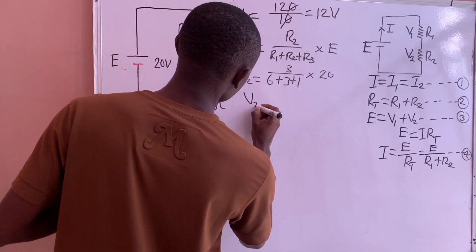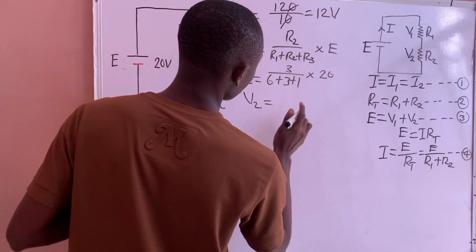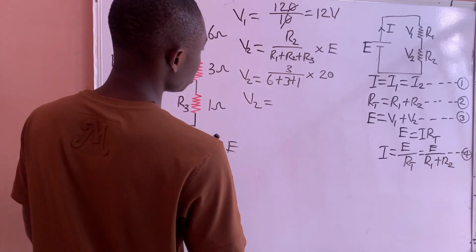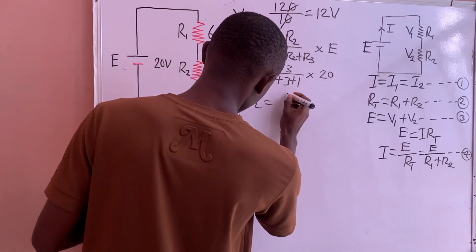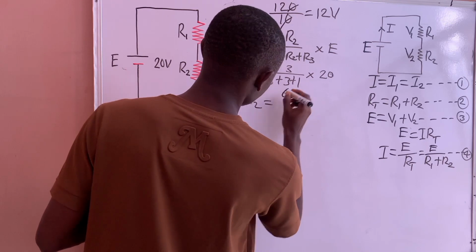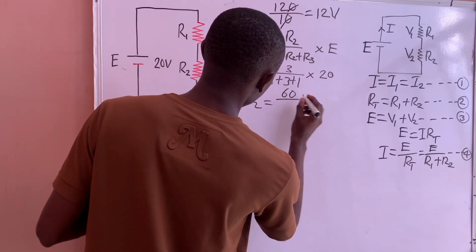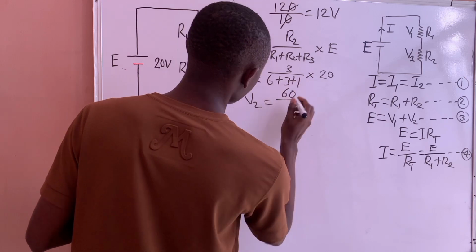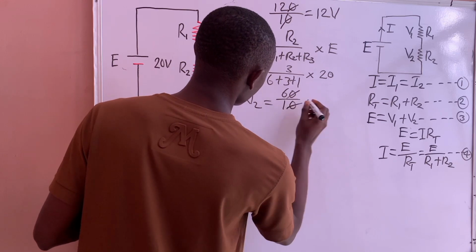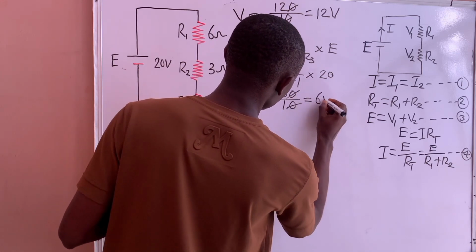So 3 times 20 is 60 over 6 plus 3 plus 1 is 10. So we take away this, so it will be equal to 6 volts.